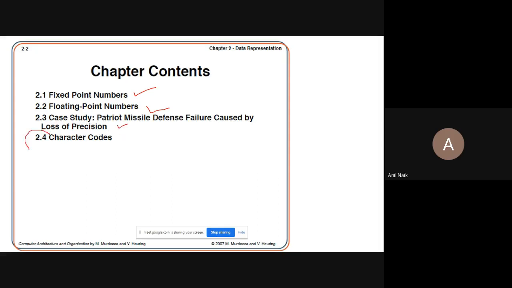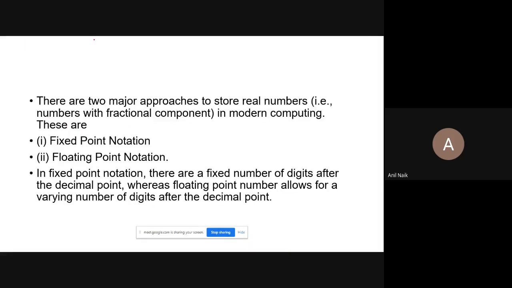Character codes are not there in your syllabus. So fixed point numbers: for example, this is the radix point, and fixed point numbers are real numbers, where the digits are fixed before and after the decimal point or radix point.